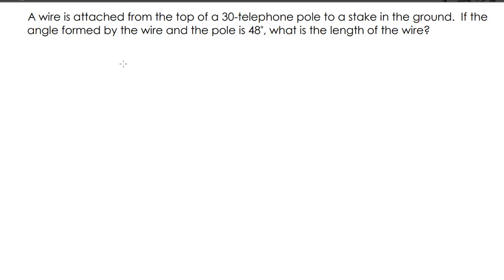In any word problem, especially in geometry, you should think about what this looks like. And to help me think about what this looks like, I'm going to draw a nice diagram. We have this 30-foot telephone pole, about 30 feet tall.